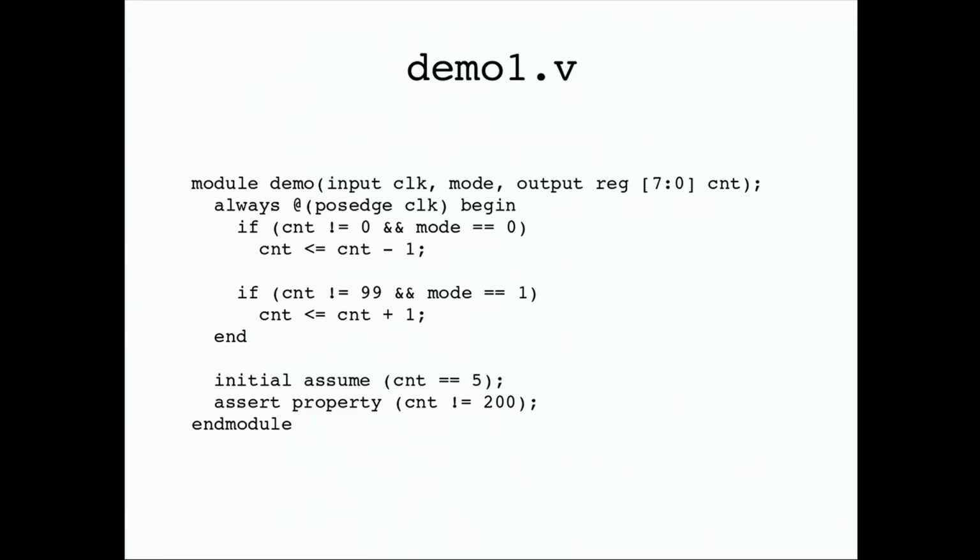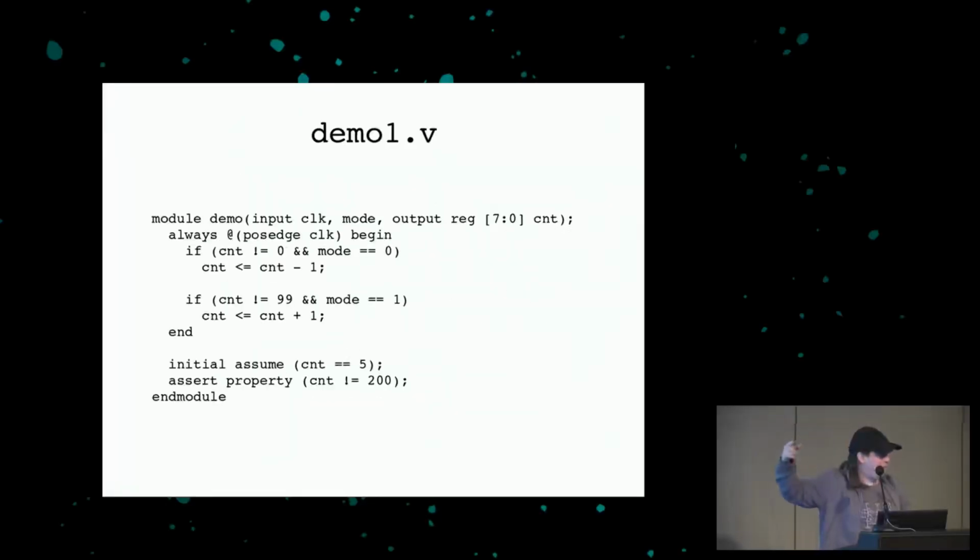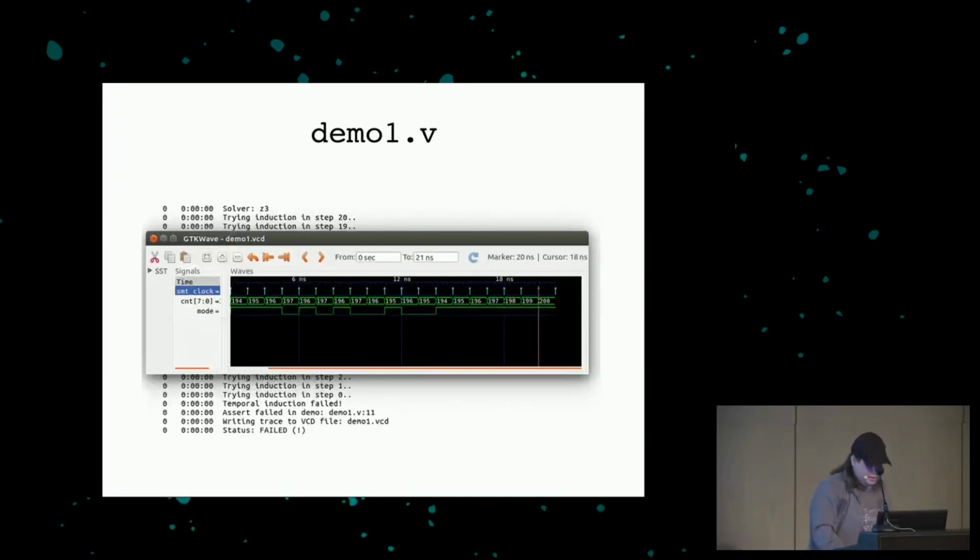And if we stare at this for a little while, we see this is true, because when the count is 99, we will not increment it any further. So there is no way to go from 5 to 200. Also, there is no way to do it with an underflow, because if the count is 0, we also don't decrement it anymore. And if we run this, the bounded model check will work.